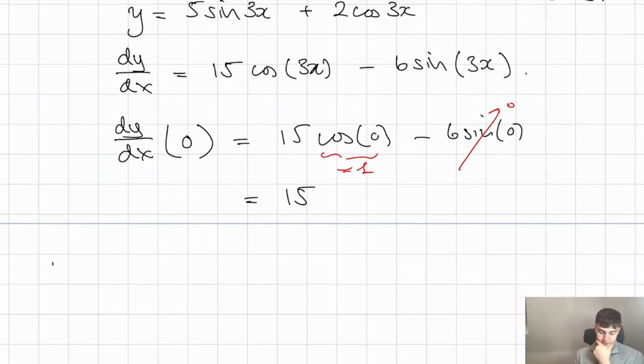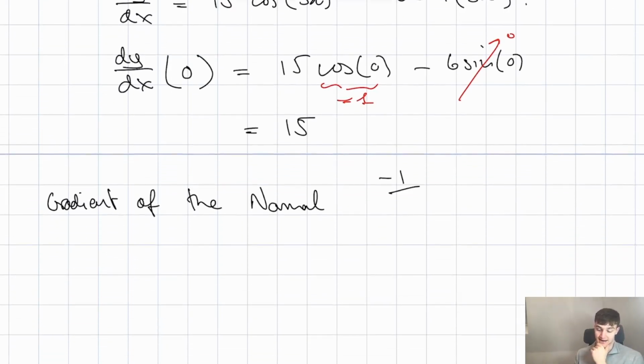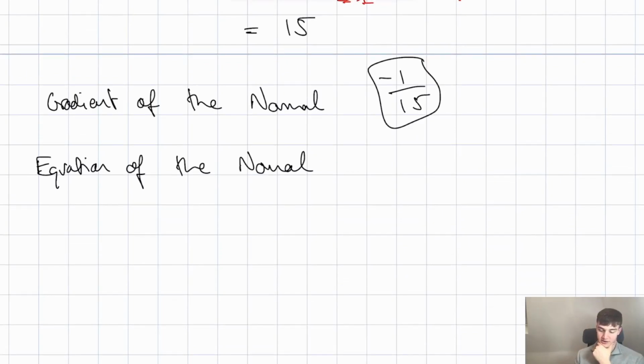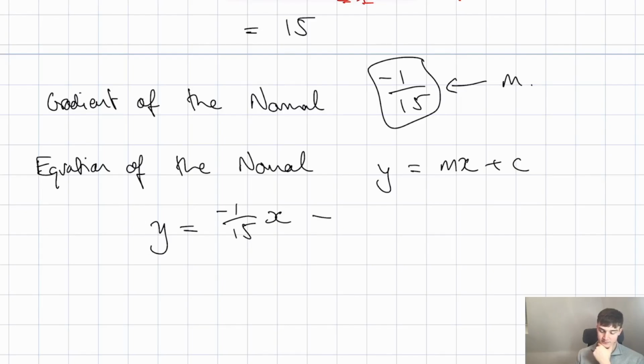So the gradient of the normal is going to be negative 1 over 15, right? The negative reciprocal. Therefore, the equation of the normal, well, it's just a straight line again with this gradient. So it takes the form y is mx plus c, where this is m. So we're going to have y is equal to negative 1 over 15 lots of x plus c.